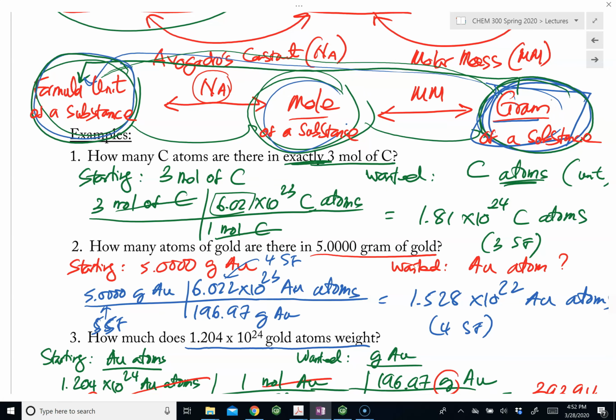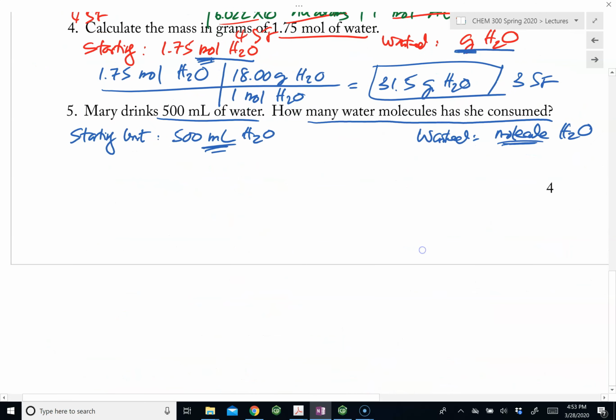However, we have learned from before already that if we were to start out with volume of a substance, we can convert that into gram of a substance by using its density as the conversion factor. So therefore, starting from the volume of water, we can convert that into gram of the water by using the density. And once we have gram of the substance already, to now convert this into molecule, we can use this conversion factor above. So that will be the solution map, how to solve this problem.